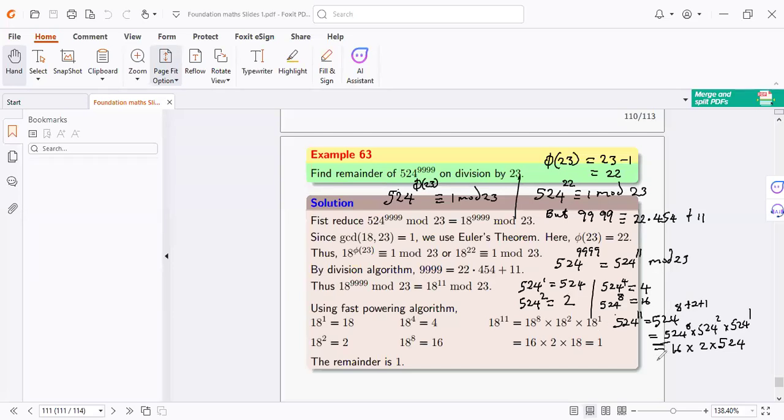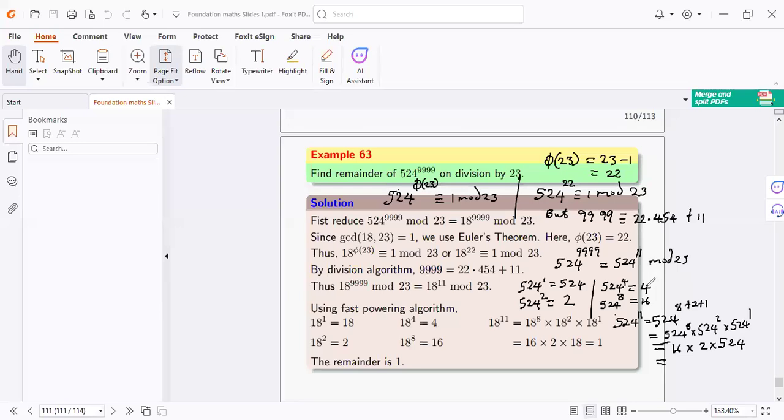So just multiply these, mod 23. So what is that? 16 times 2 times 524 gives me 16,768.